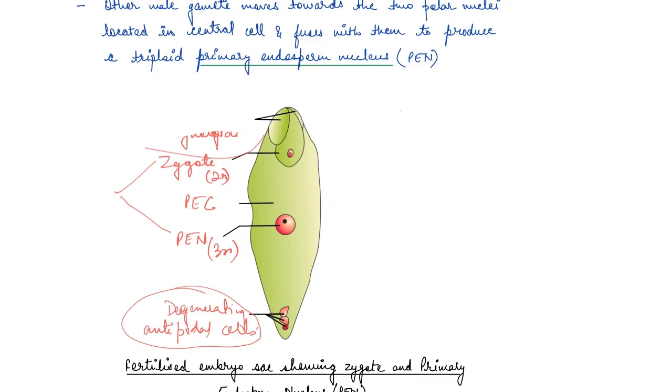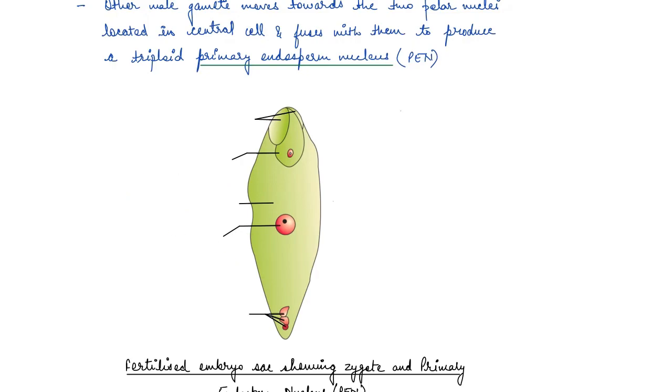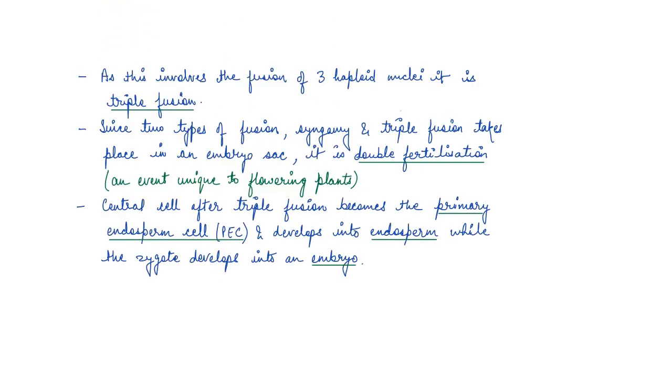Okay, now let's move on to the next diagram. This shows triple fusion, and this is double fertilization, which is done between two types of cells. One forms the zygote and the other forms the primary endosperm cell. And these form the embryo and the endosperm.